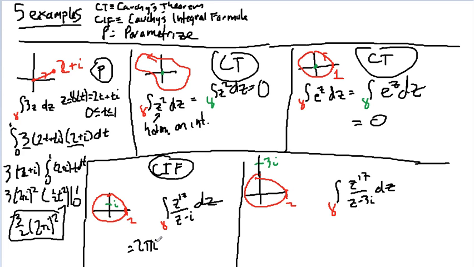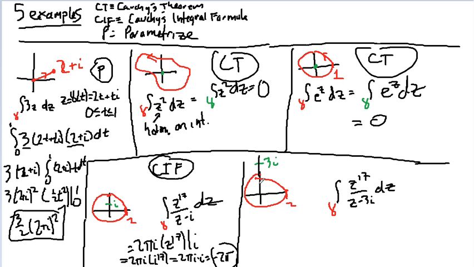As long as everything else kind of works out nicely. It's going to be equal to 2 pi i, z to the 17th, evaluated at i, which equals 2 pi i times i to the 17th, which equals 2 pi i times i, which equals negative 2 pi.